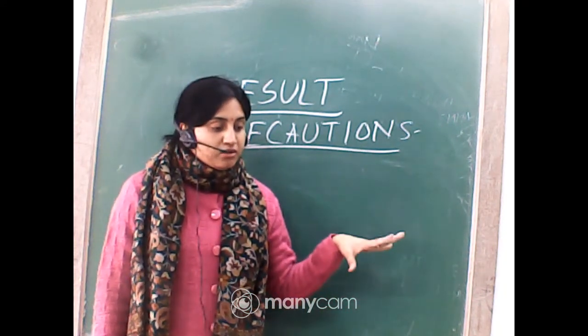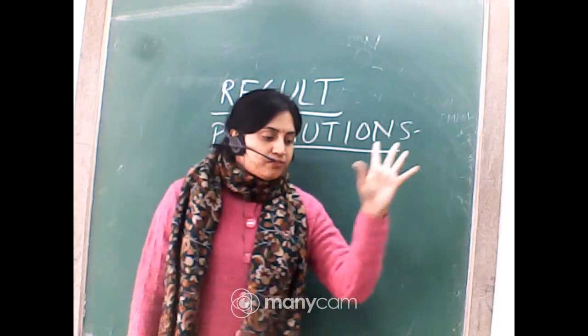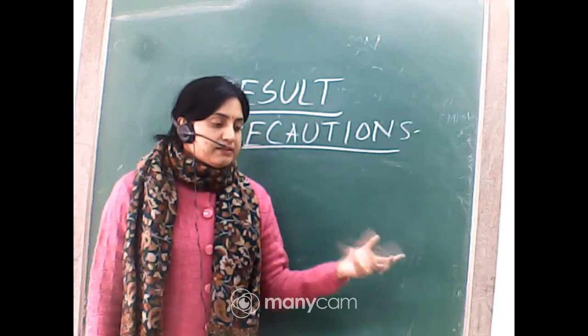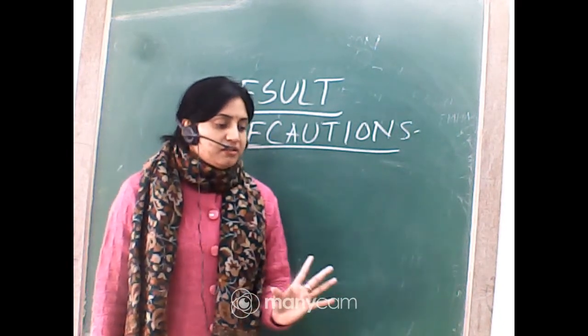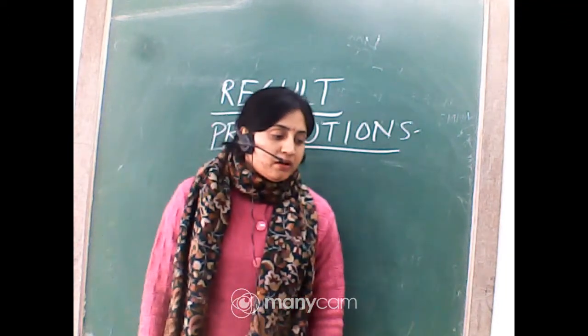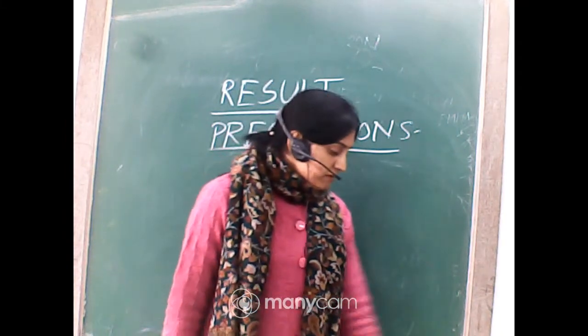On the front page just write your school name, your name, class, subject. Neat and clean, no need to draw designs, this is your practical copy. As much as you keep that book clean, I will give you marks.